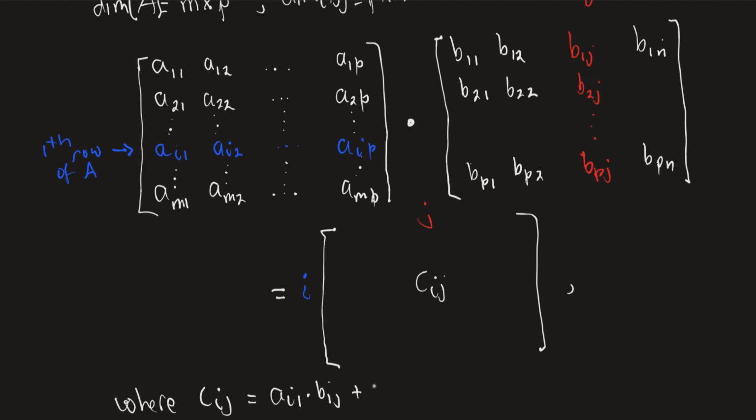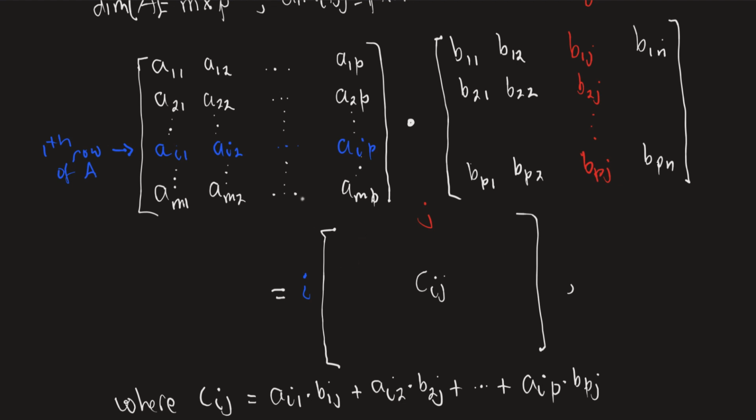So then plus AI2 times B2J, and continue that pattern until you get to the last entry in the row and the last entry in the column. So then plus AIP times BPJ, right? And that's how we're going to define the product.